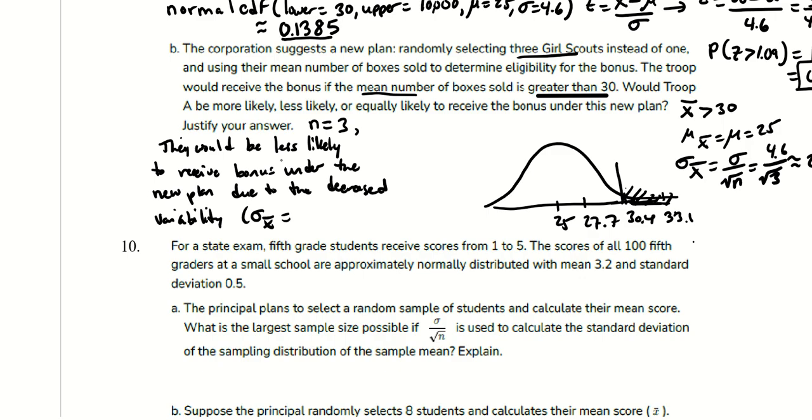Sigma x bar is about 2.7, which is less than the sigma, which was 4.6.